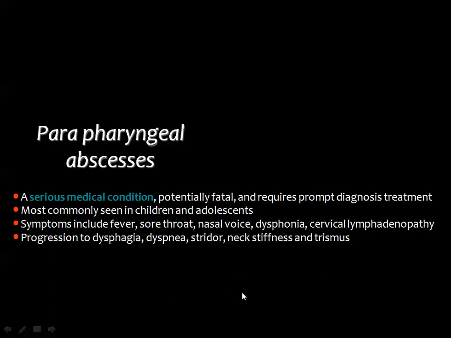And this may affect the common carotid artery or internal carotid artery or the internal jugular vein. The symptoms will include fever, sore throat, nasal voice, dysphonia, and cervical lymphadenopathy.